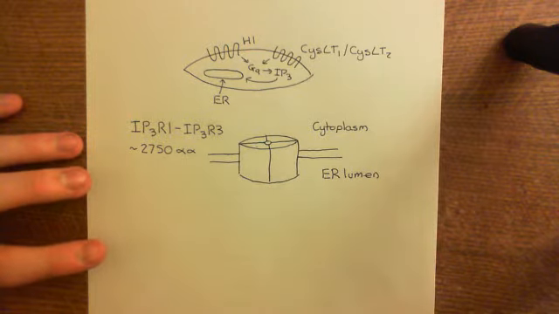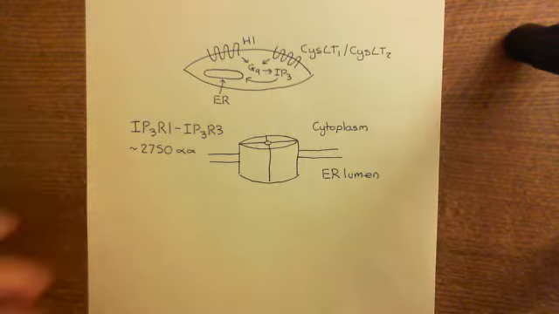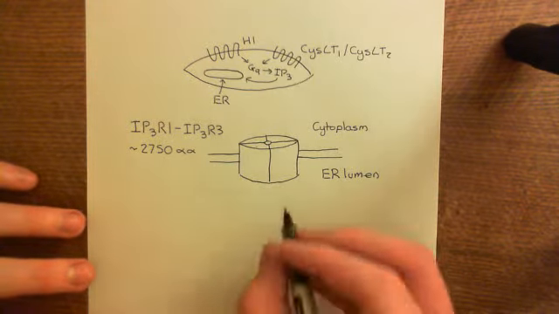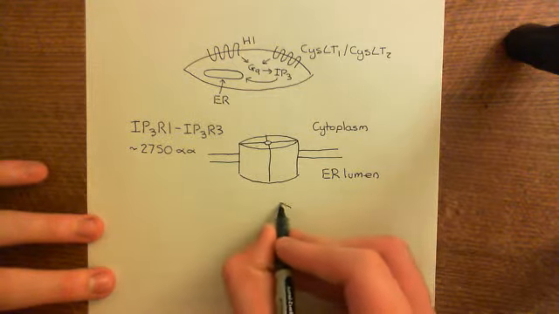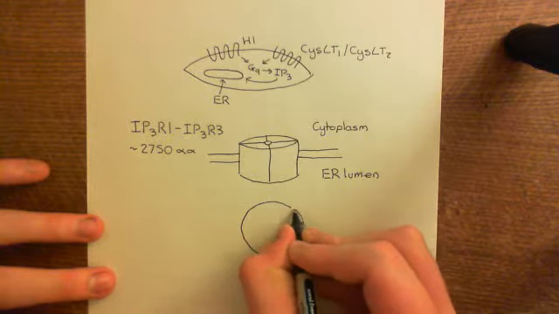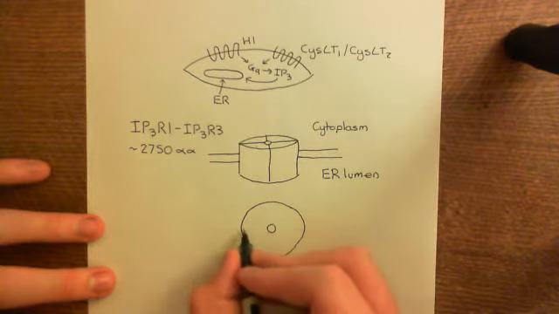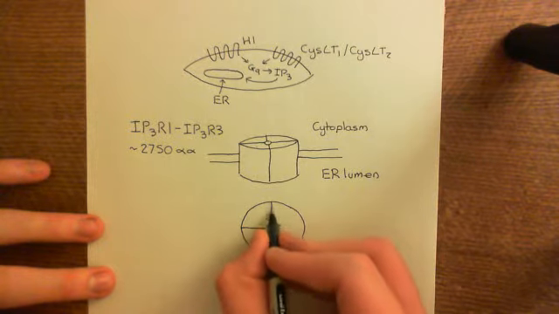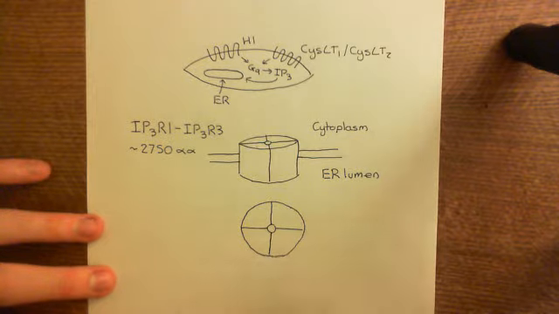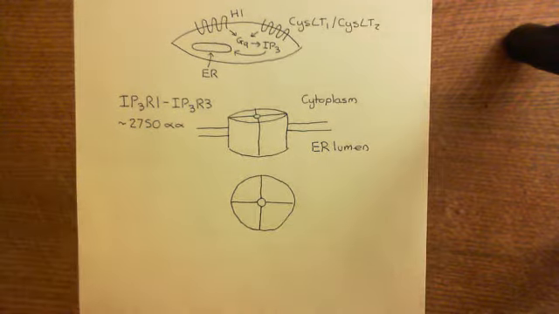Okay, right, now let's talk about how they open, because this is where the answer to this problem lies. Let me draw the top of an IP3 receptor. So this is the cytoplasmic aspect of an IP3 receptor, or at least it's my cartoon representation of it.